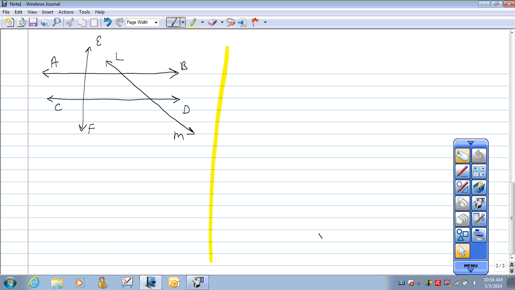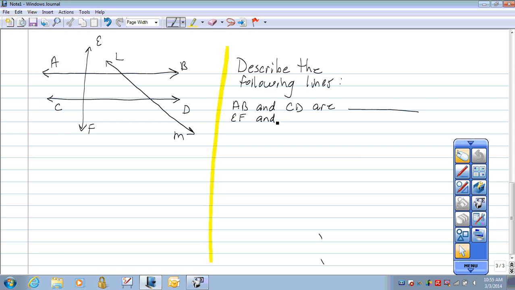Okay. And I'm going to ask you to describe the following lines and their relationship to each other. A, B, and C, D are. E, F, and L, M are.